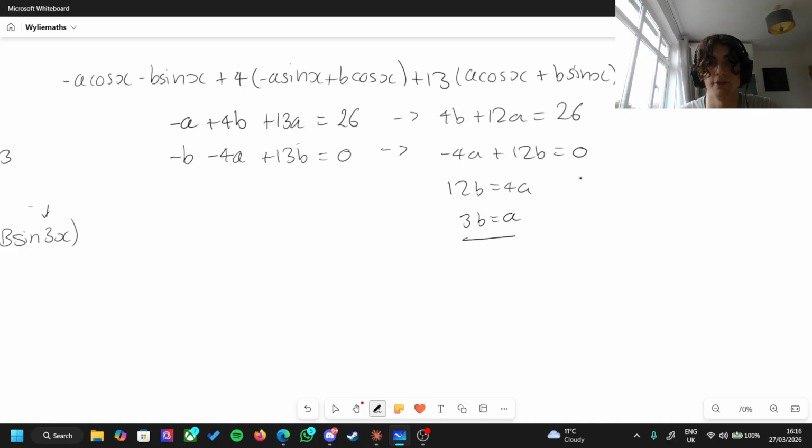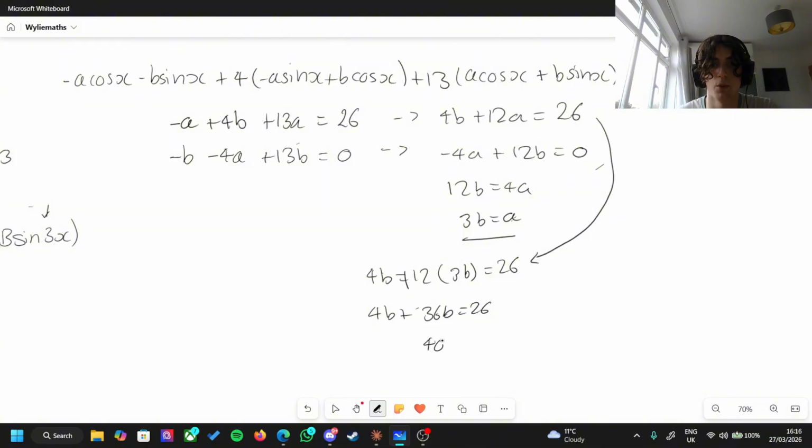Knowing that 3b is equal to a, we can substitute that into this equation. So 4b plus 12a, and each a is equal to 3b. Substituting in, 4b plus 36b is equal to 26.